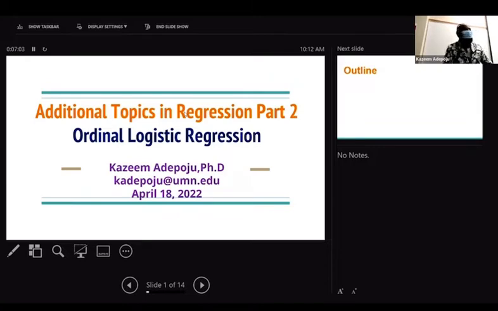Now, from there, we moved into a situation where the response variable is categorical. When the response variable has levels, we use a logistic regression model. I also walked you through a situation where both the response variable and the predictor are categorical, using what we call a chi-square test of association.